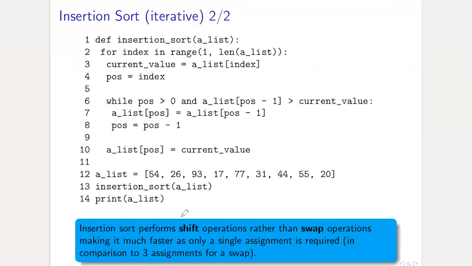So here's the algorithm. You go through the full length of the list, so that is the outer loop, and within that loop, you decide the current highest value. So you initialize with a value, and then you have a while loop.